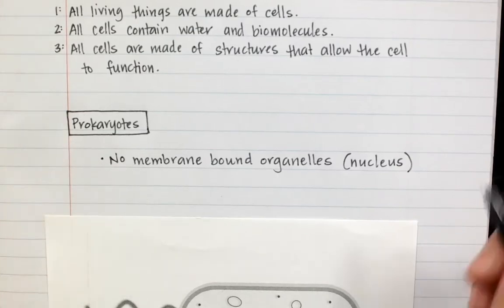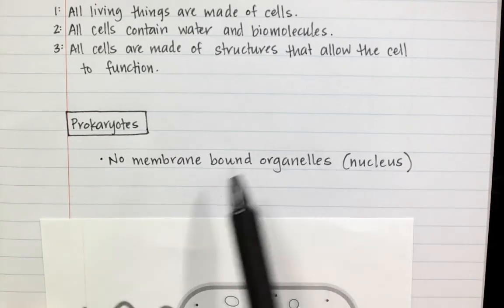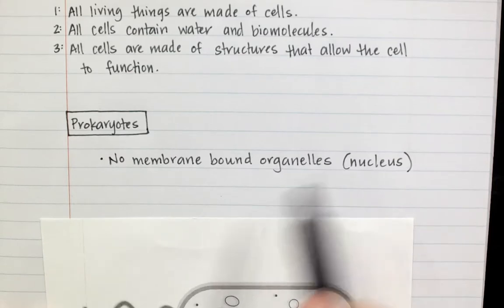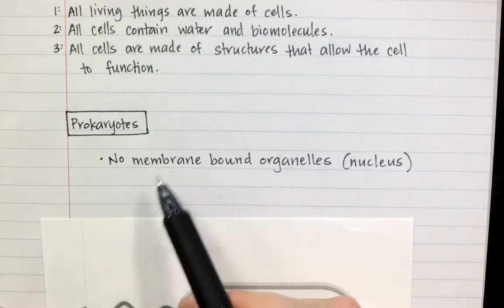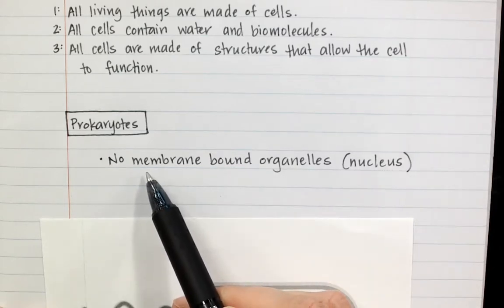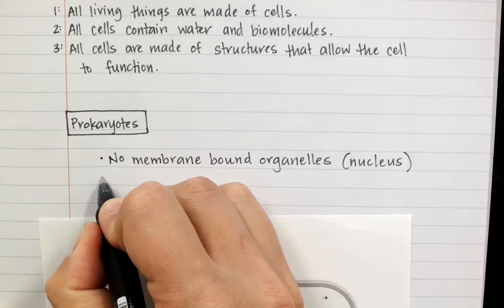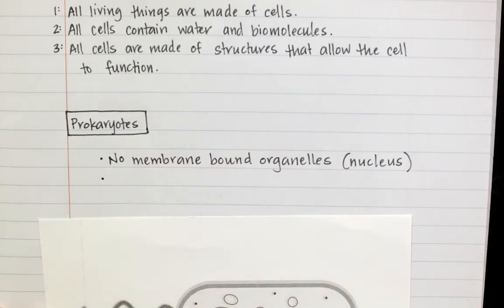So while they have DNA, the DNA is not stored in a nucleus. And so none of the internal components of the cells have their own membrane. The nucleus is surrounded by a membrane. But in these cells, they're really simple, and they don't have those internal structures that are surrounded by a membrane.